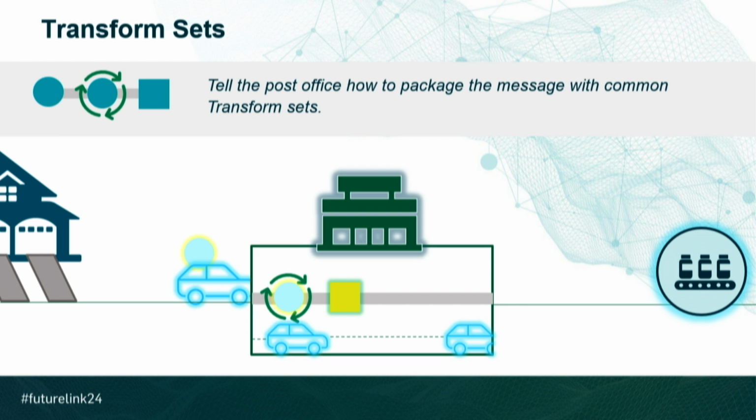But the receiving party is expecting to receive the package in a triangular shape. So these conversions need to be made, and that's where transform sets come into play.